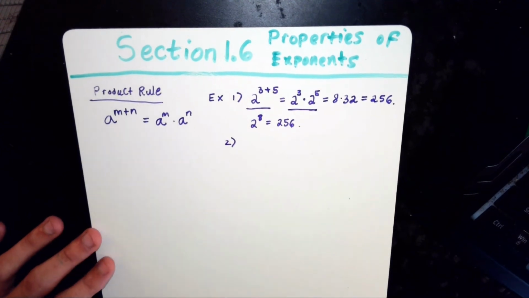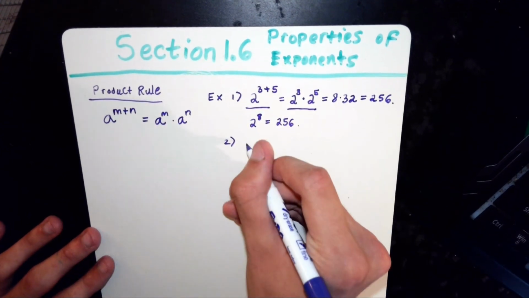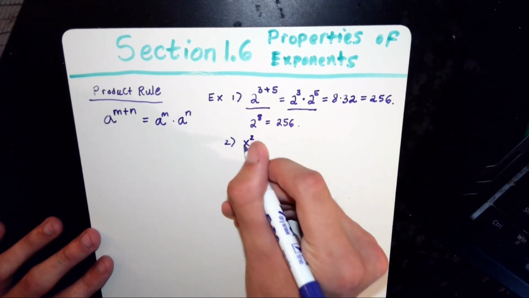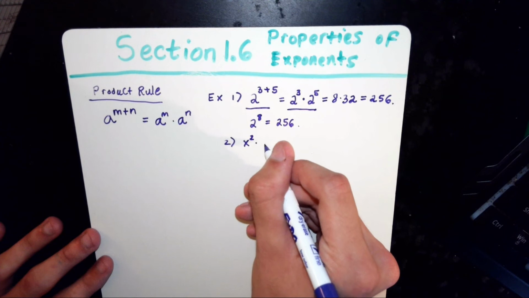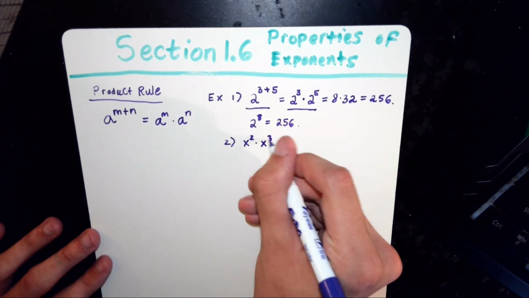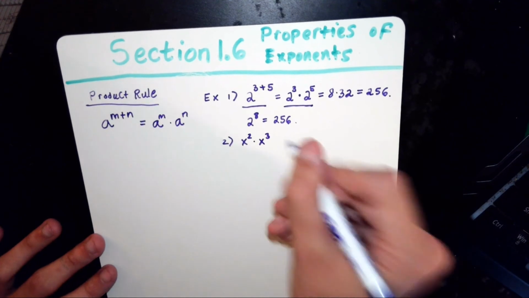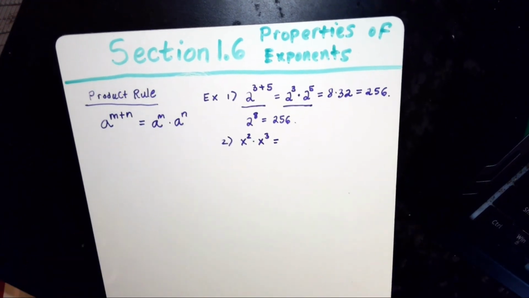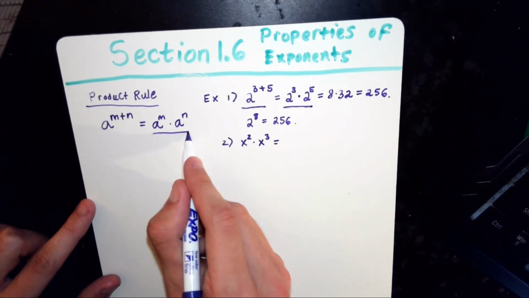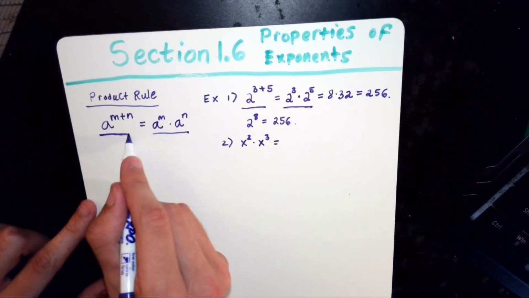But let's look at another example. Let's say we have x squared times x to the third. Well, using the product rule, we know that when we're in this situation, it's the same thing as being in this situation.